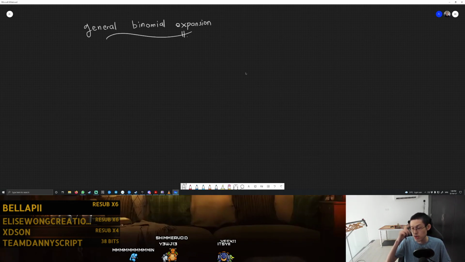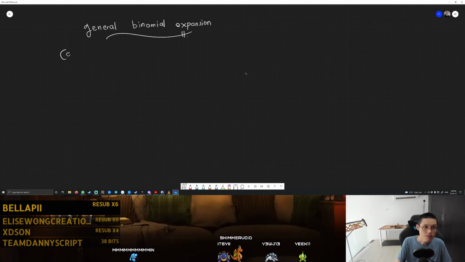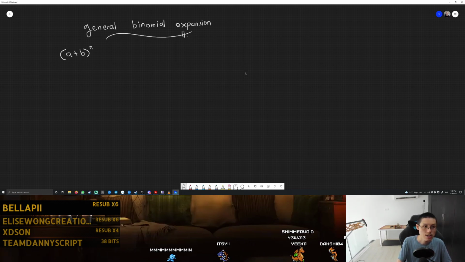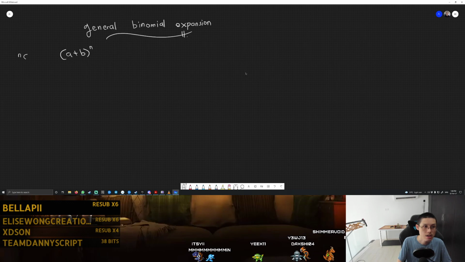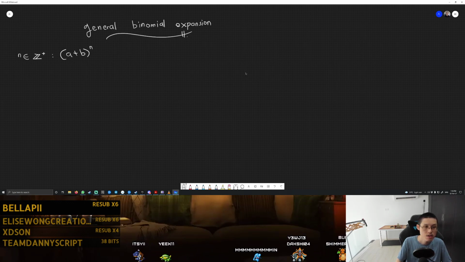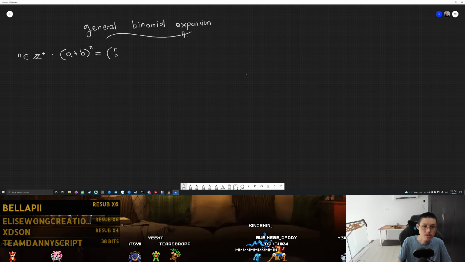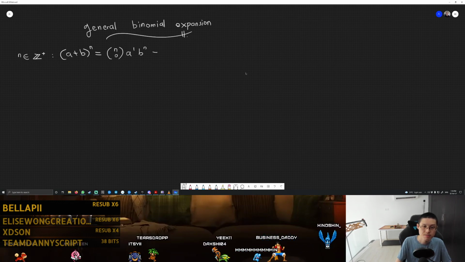So just to briefly remind you what the binomial expansion for positive integers looks like, say you have (a + b)^n, and in this case your n is a positive integer. Then when you expand this, you would get nC0 a^0 b^n.